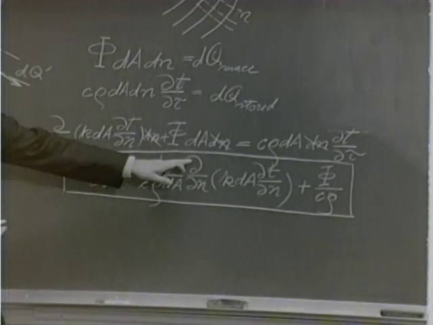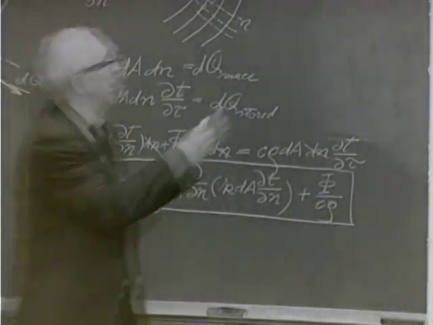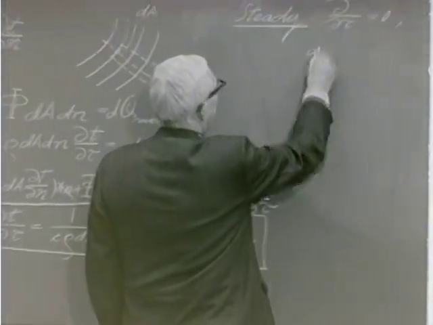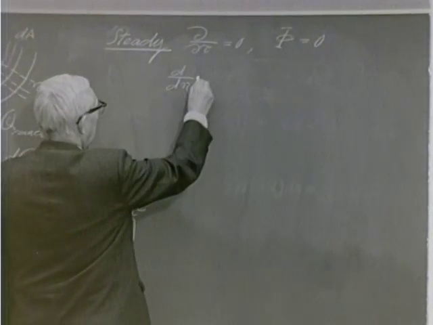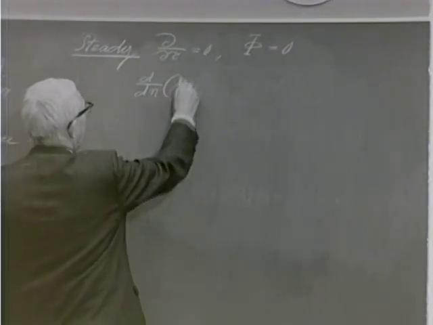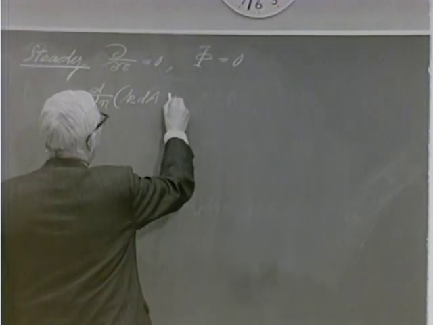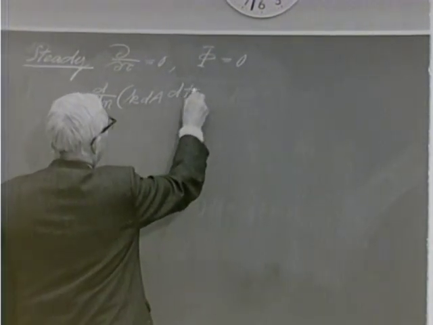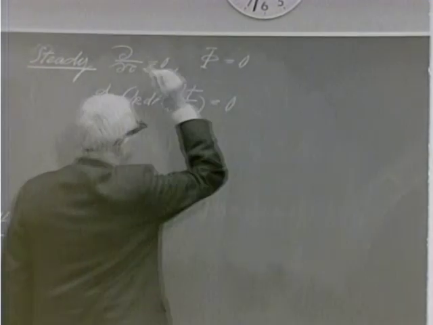So this means we can again forget about the partial differential signs. We can write again total differential signs. And we can write d over dn of k dA dT over dn equals 0.